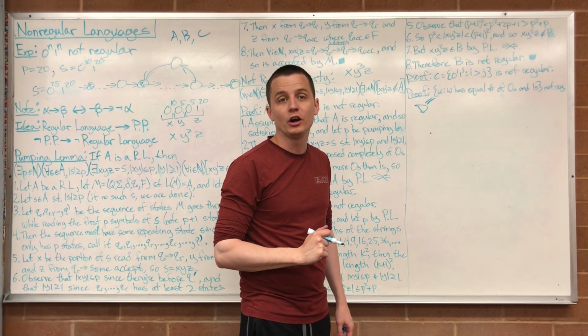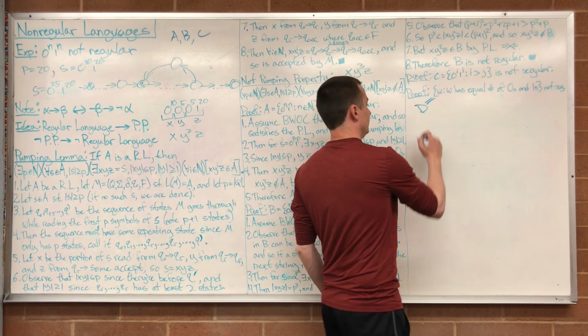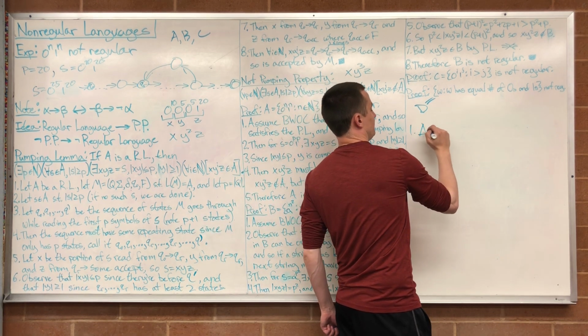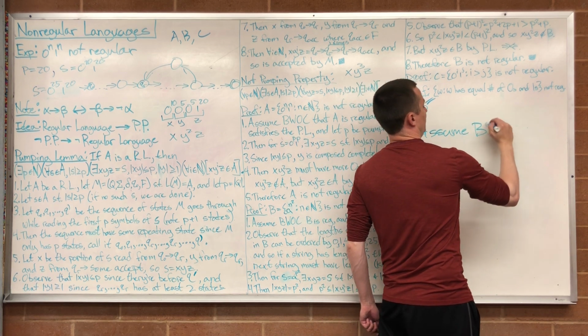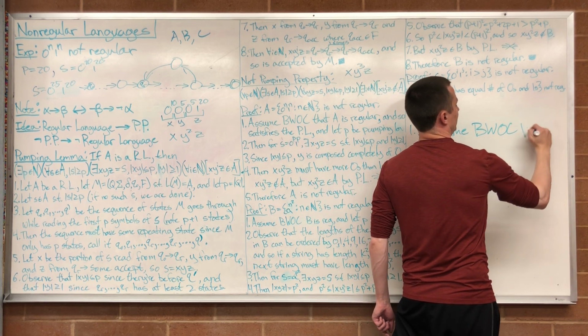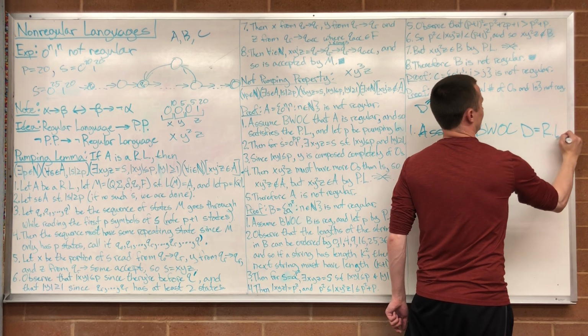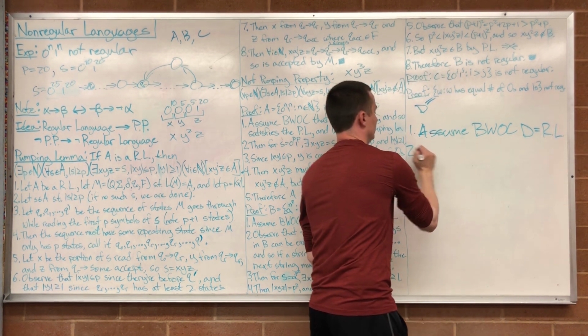We assume by way of contradiction that D is regular. So you would show, assume by way of contradiction D equals a regular language.